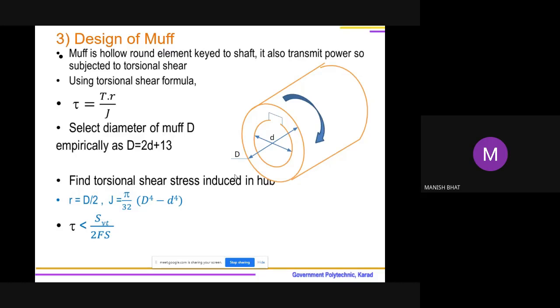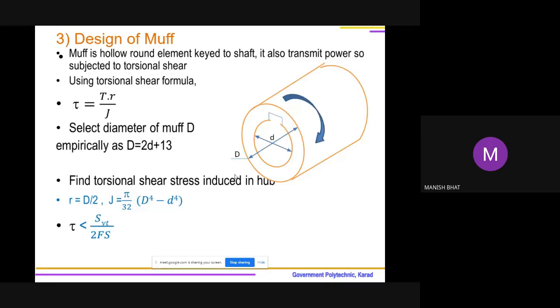We will empirically find the outer diameter from the shaft size and put it in this relation for tau, and verify what shear stress is induced when capital D is selected empirically, when d is the diameter of the shaft.